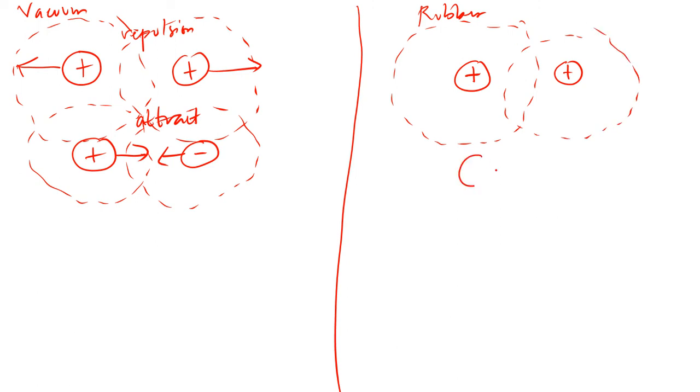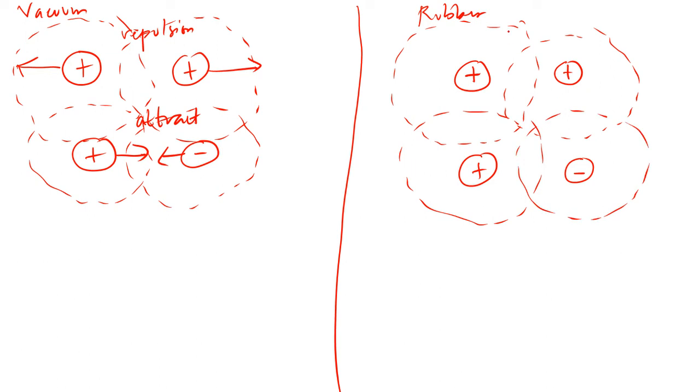Also, if we put one proton and one electron, they will still exhibit an electric field. Here they will experience repulsion because they are equal in charge, and here they will experience a force of attraction because they are oppositely charged.